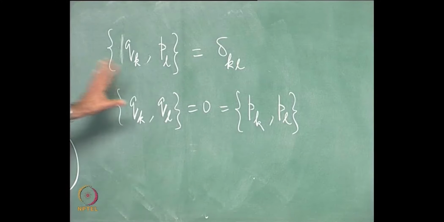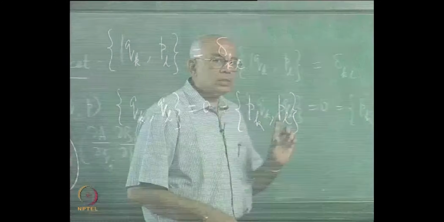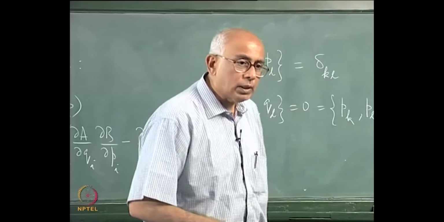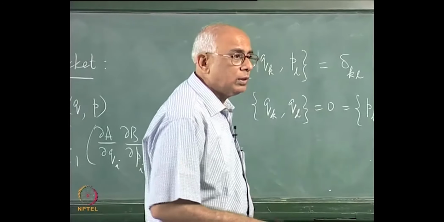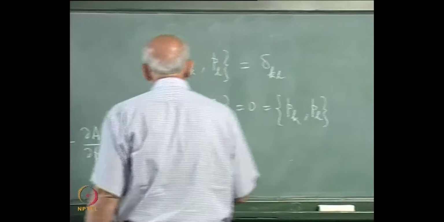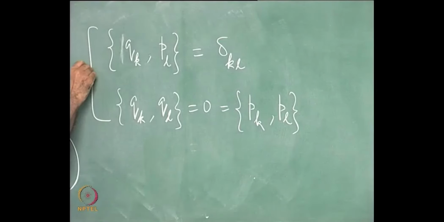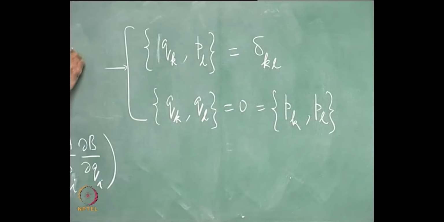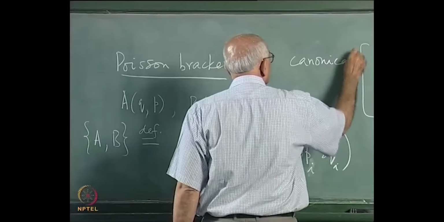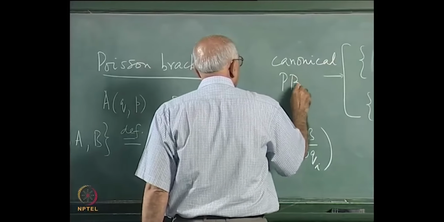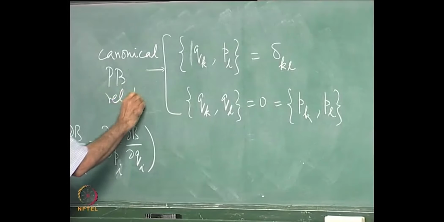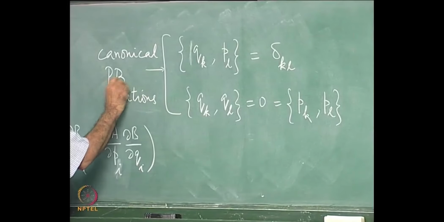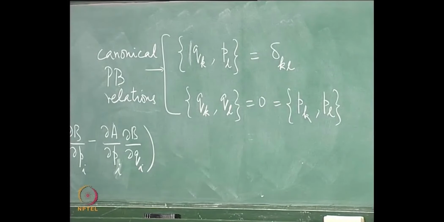This set of relationships between the generalized coordinates and the generalized momenta of a dynamical system, of a Hamiltonian system, are called canonical Poisson brackets. So these are the canonical or standard Poisson bracket relations.